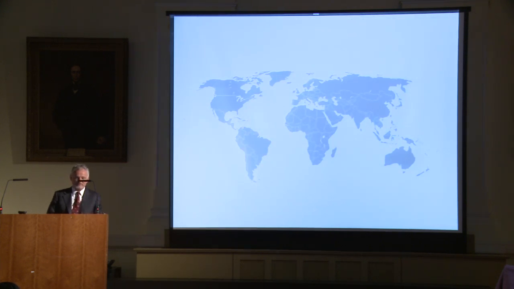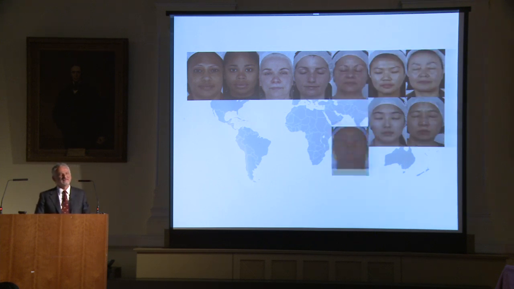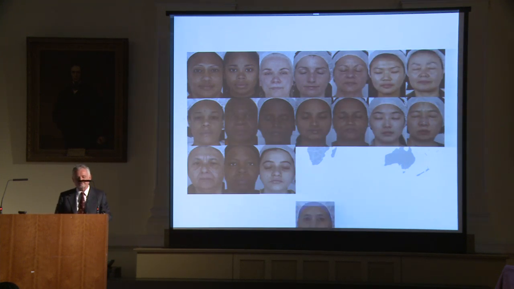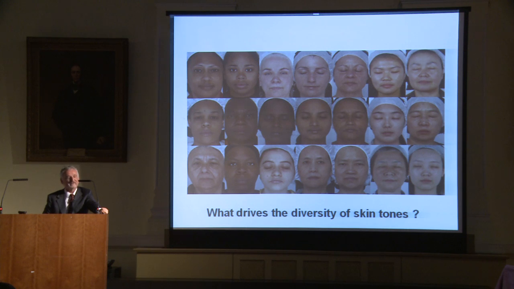Now, if we look at skin colors worldwide, we come up with pretty diverse skin tones. And the question is, the basic mechanism is the same. Melanocytes produce melanin, and well, there's different melanins. Why do we have so many different shades ranging from very dark to very light skin?